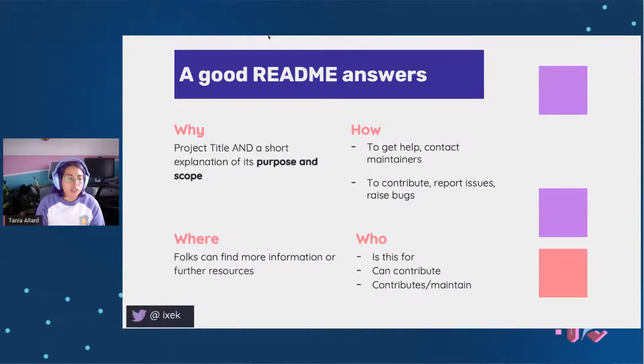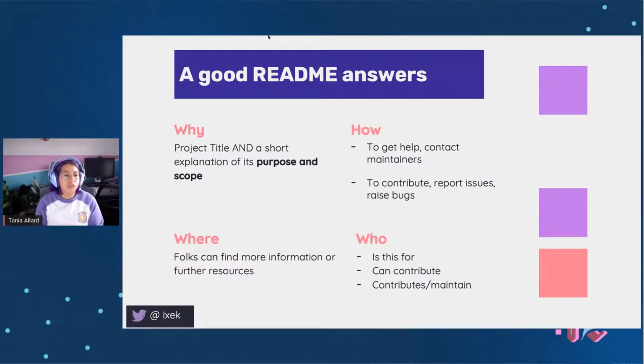Additionally, a good README should answer the question of where to go for more information or further resources. Normally, your README has simple examples to get folks onboarded and upskilled very easily, or to get the basics. But where would more advanced users, or users that need a more complex use case, go for more learning?